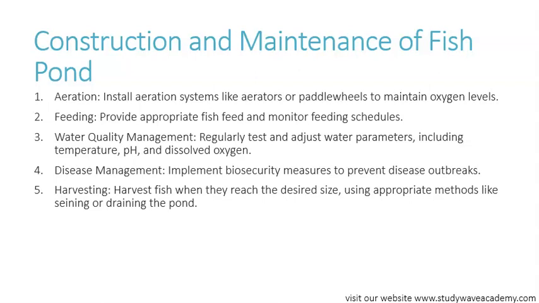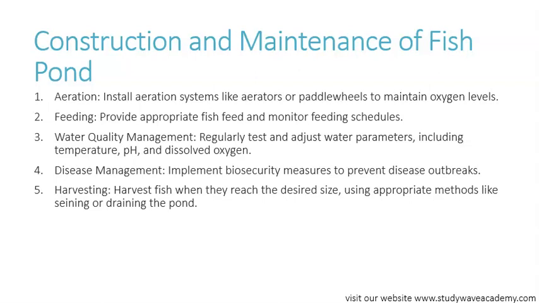So today's lesson in fish farming, we looked at types of pond, right? We mentioned the earthen pond, concrete pond, lined pond, and caged ponds, right? We also looked at the establishment of a fish pond, right? Selecting a suitable location, designing the pond, checking soil quality, ensuring a water supply, obtaining necessary permits.